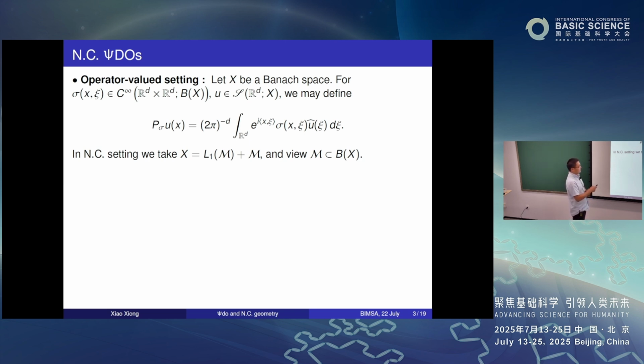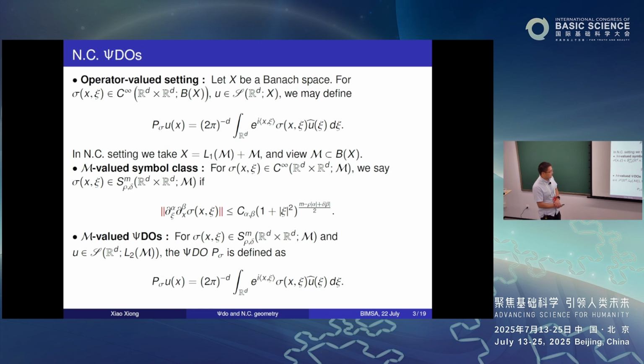This is a very general setting of operator-valued pseudo-differential operators. But we can still understand it in a special case, where we take the Banach space to be L1 plus L infinity, and we take the symbol inside the polynomial algebra M. Here M is a polynomial algebra, and we assume that we have a good enough trace on this algebra, and L1 is defined with respect to this trace.